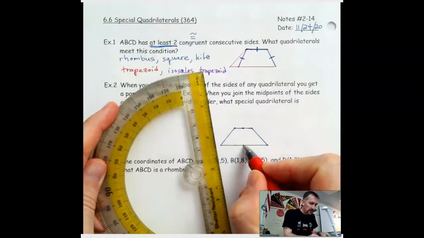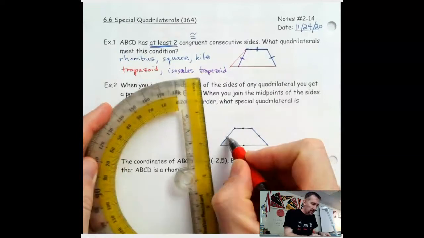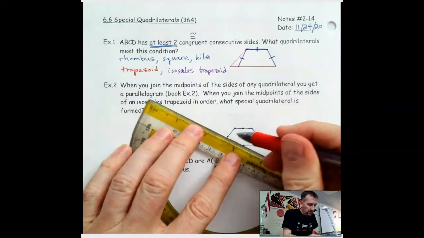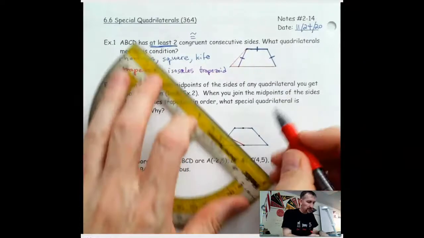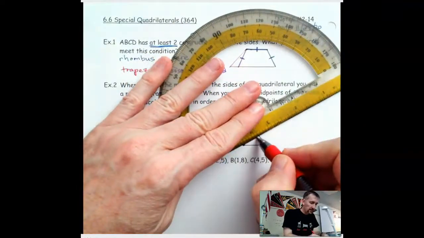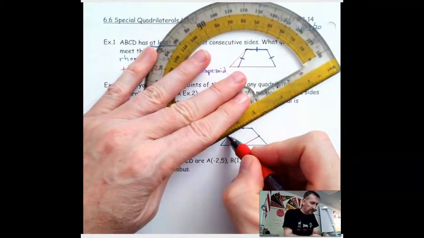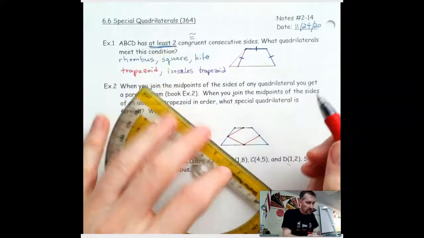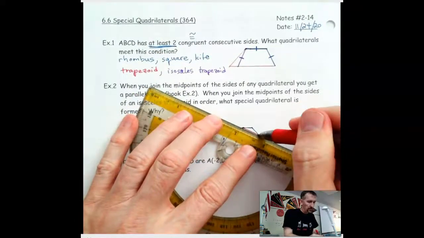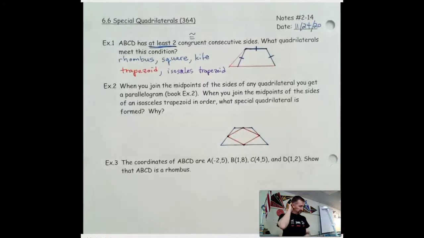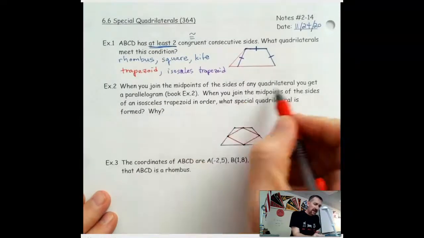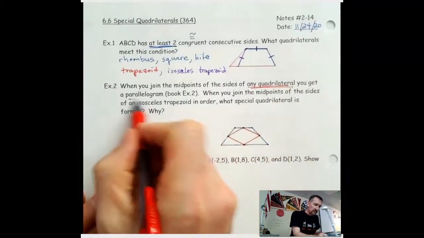So if we connect these in order, what does that look like? Well, we just said that any quadrilateral, if you connect the midpoints, you get a parallelogram.